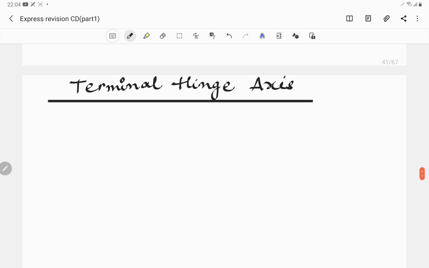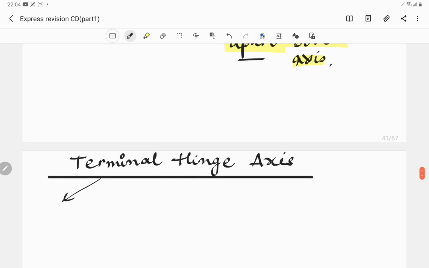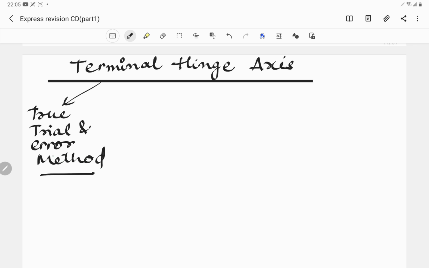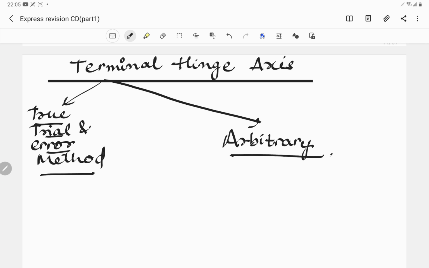So the terminal hinge axis, if we have to locate it, there are actually four ways. One is the true, trial and error method. The second one is the arbitrary method of locating the terminal hinge axis. In the true we have got the trial and error method.